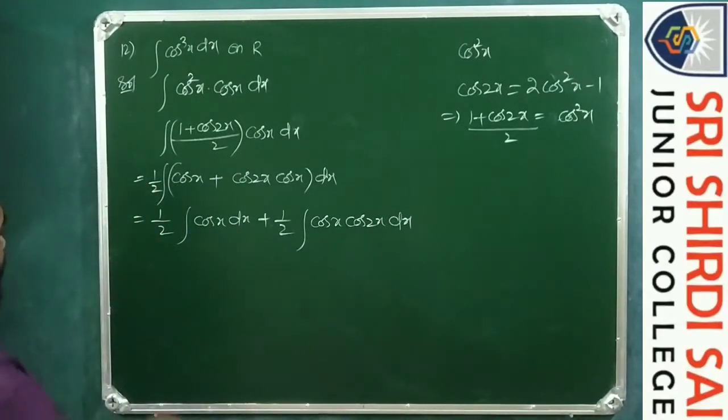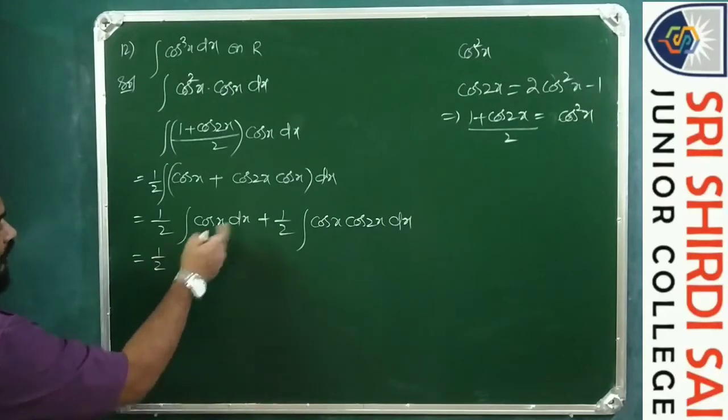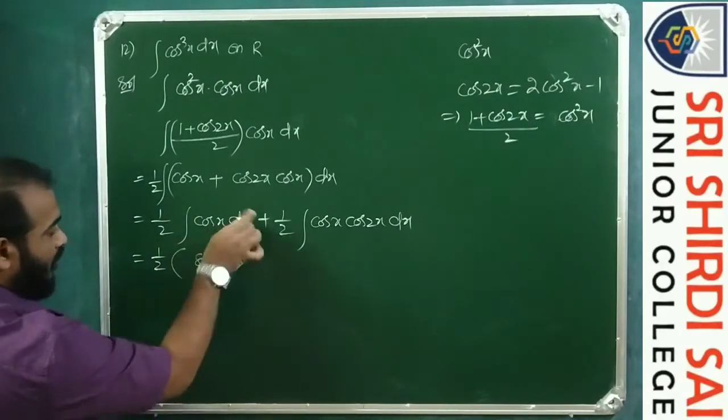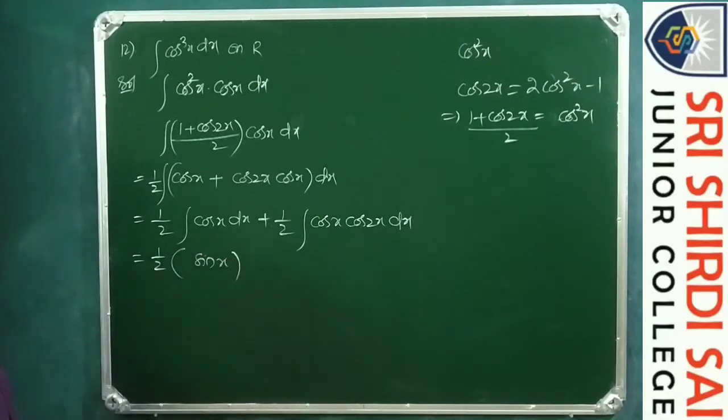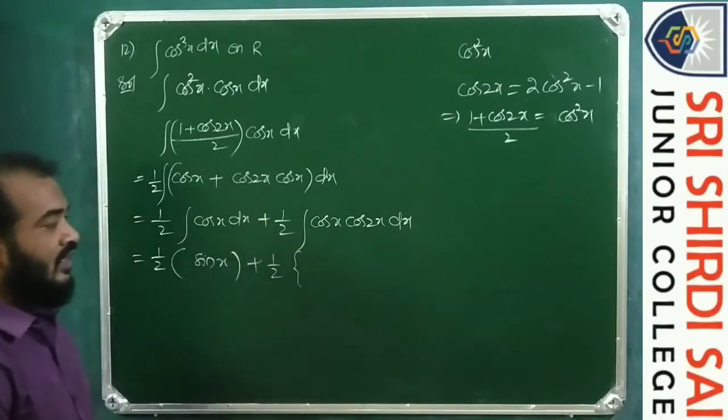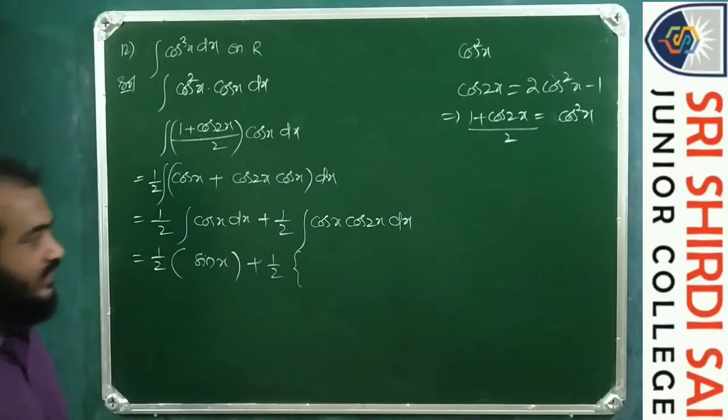We know integral cos x dx is sin x, and then 1 by 2 into integral cos x into cos 2x dx.